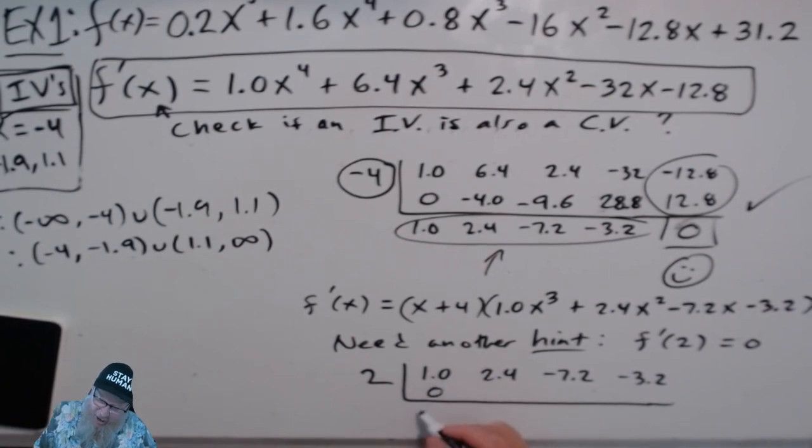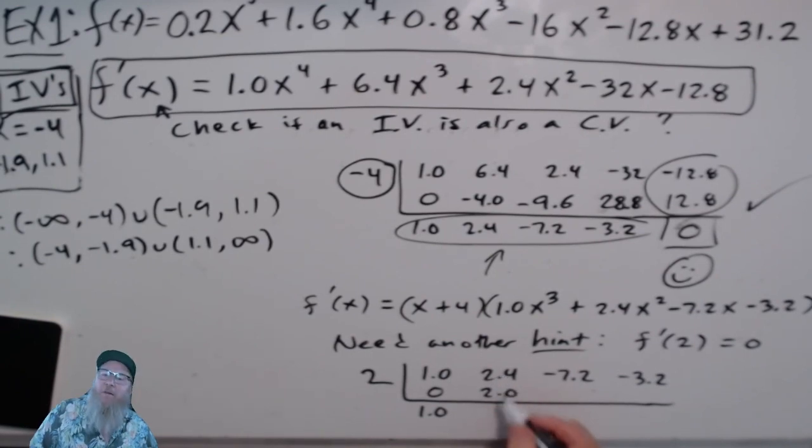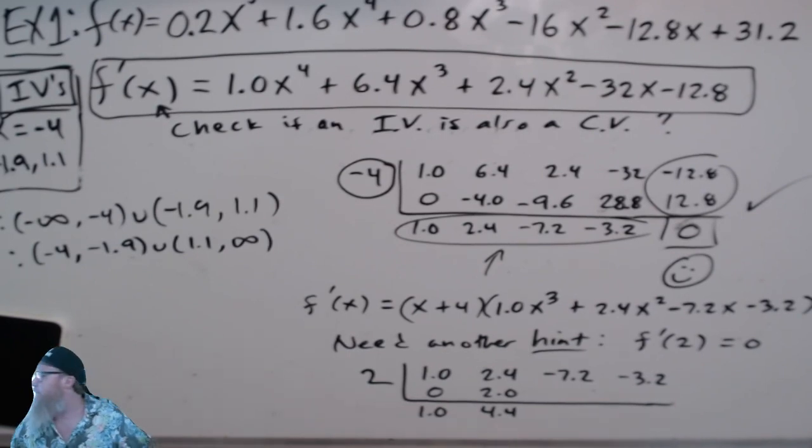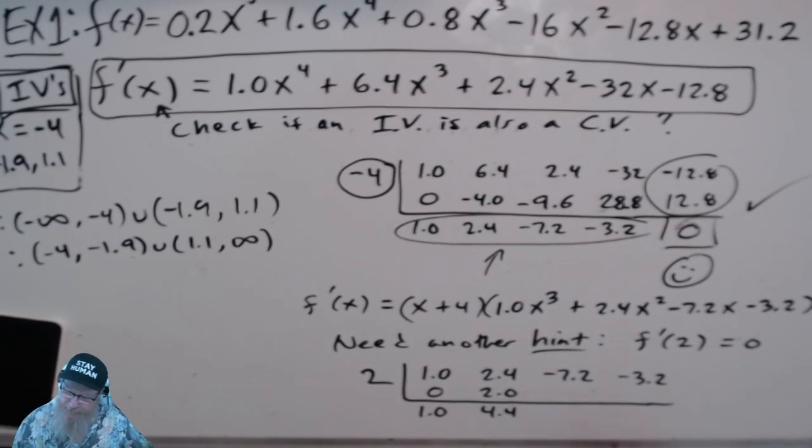All right, so we get 1 times 2 is 2. 2.4 plus 2 is 4.4. 2 times 4.4. Doesn't seem to be working.